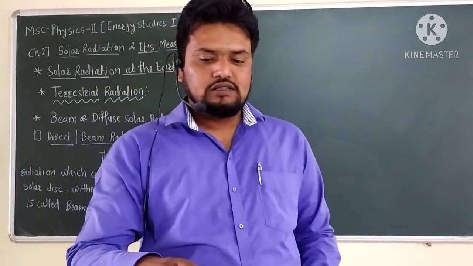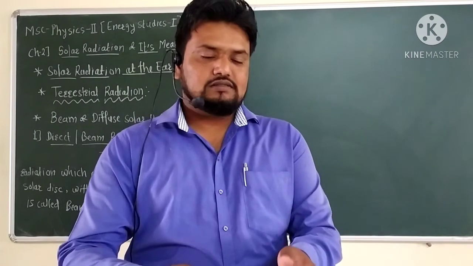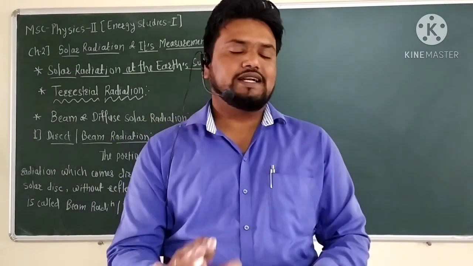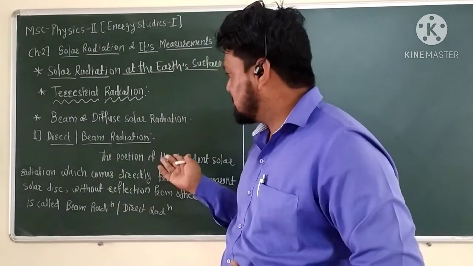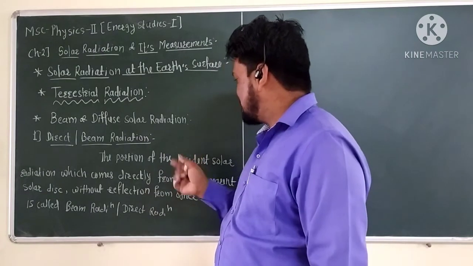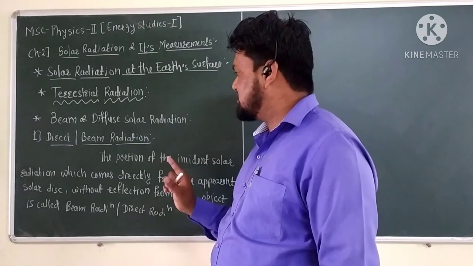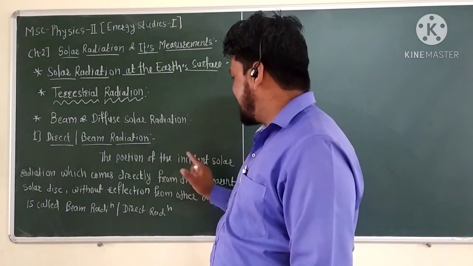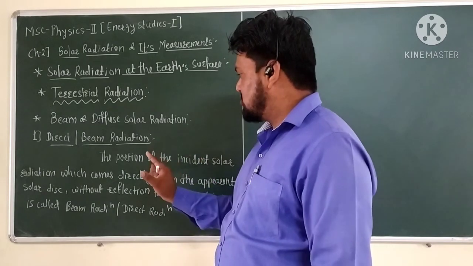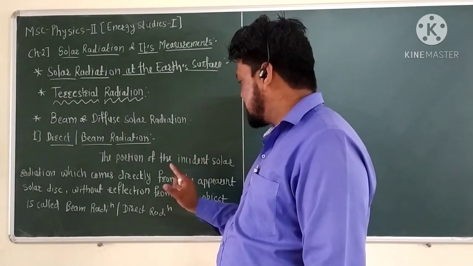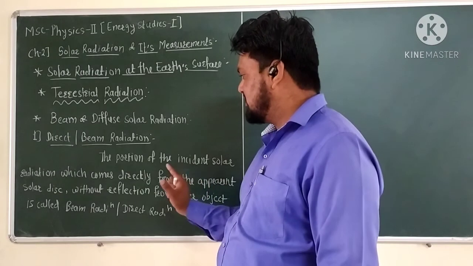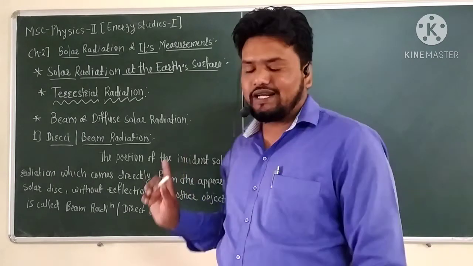So it is considered as this type of solar radiation, direct or beam radiation: that portion of the incident solar radiation which comes directly from the apparent solar disk without reflection from other objects is called beam radiation or direct radiation.